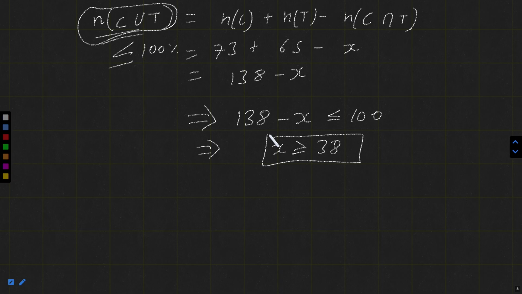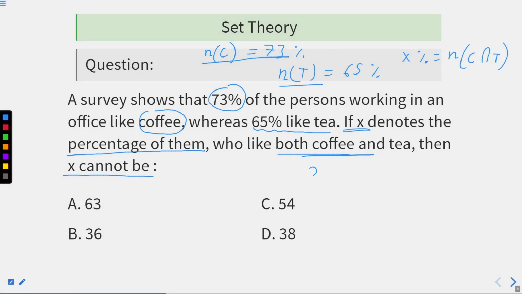Now let's try to eliminate some options. We know X is greater than or equal to 38 and we have to find what X cannot be. So X can be 38, yes, because there is equality there. 54, yes. 63, yes.